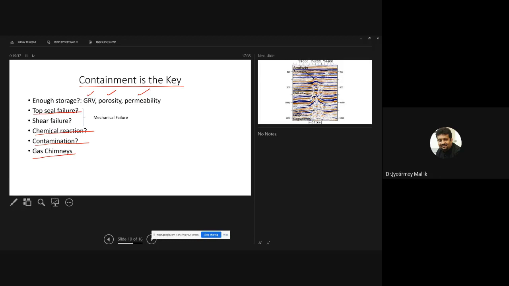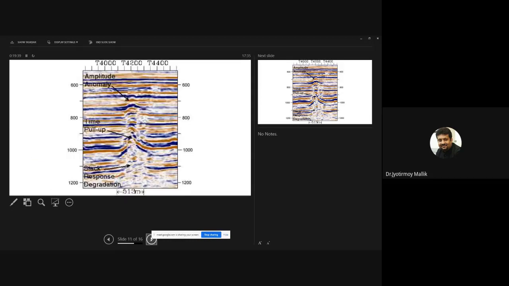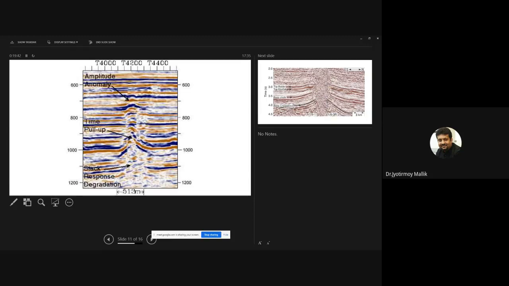Gas chimneys are features that you can see in seismic. For example, this is a typical picture of a gas chimney. So what is a gas chimney? A gas chimney is a geological feature. This was a reservoir, and then there were leak paths, maybe faults or fractured zones, which we call gas chimneys, through which the oil and gas, whatever was there, has simply escaped to the ground.